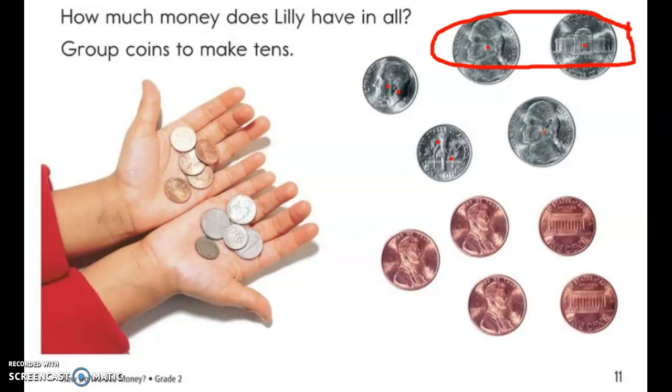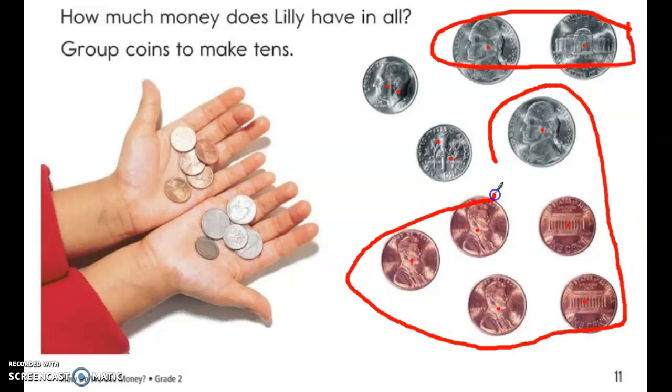And if I count these 5, 6, 7, 8, 9, and 10, I can make another group of 10. So if I make this group of 10, now I have 10, 20, 30, 40 cents. I think we have 40 cents.